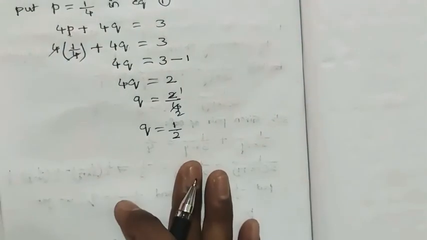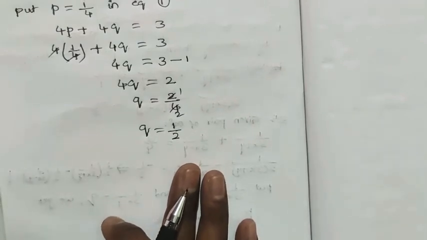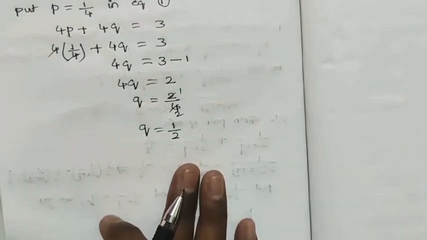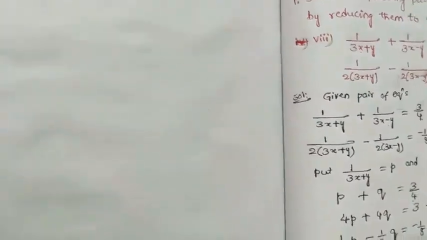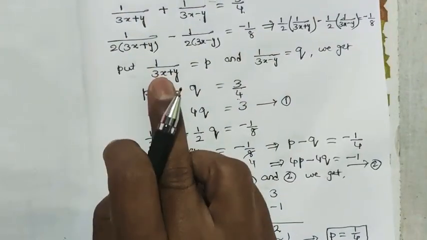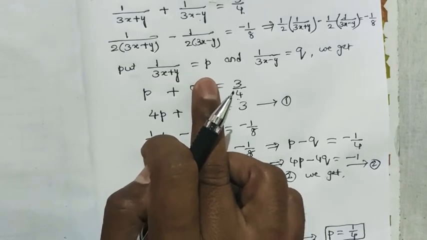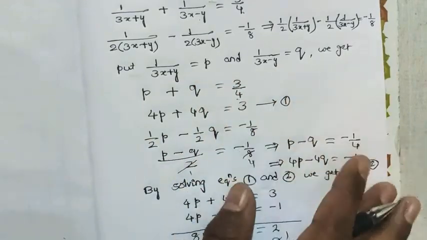But our intention is not to find p value and q value. Our intention is to find out x value and y value. So what is the relationship between this p and q and x and y? Here you assumed 1 by 3x plus y as p, and 1 by 3x minus y as q.